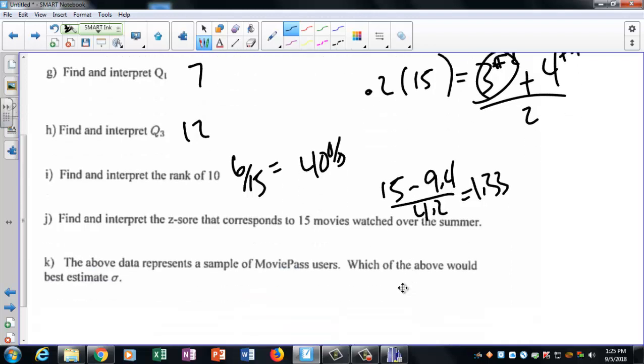Okay, looking at the above data, which one represents sigma? Well, what is sigma? Some of you say sigma means sum. It does mean sum, but let me remind you, that is capital sigma. This is lowercase sigma, and lowercase sigma means population standard deviation.